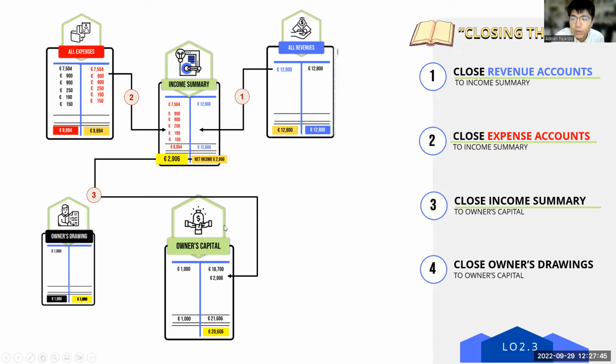And then the last step would be to close our owner's drawing by recognizing a credit in owner's drawing, which is represented by a debit in owner's capital. That ultimately, everything, the revenues, the expenses, the owner's drawings, all land into our owner's capital equation to give us our ending capital of 20,606, which would be a permanent account.